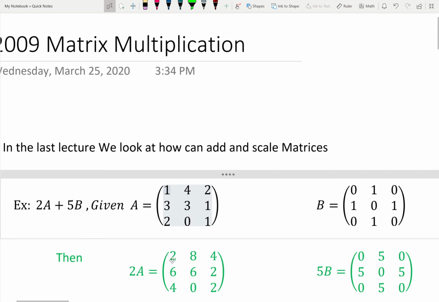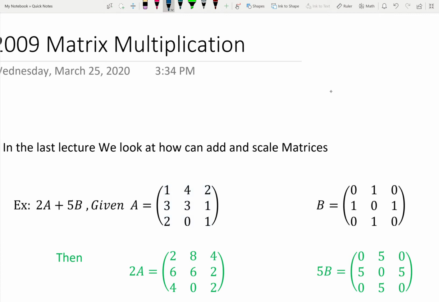So that means 1 turns into 2, 4 turns into 8, 2 turns into 4, and so on and so forth. Similarly, if B is represented by this matrix, then 5B would just be each element inside this matrix being multiplied by 5.